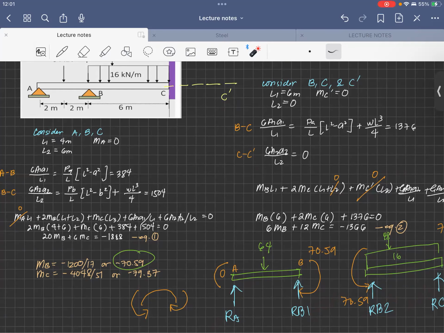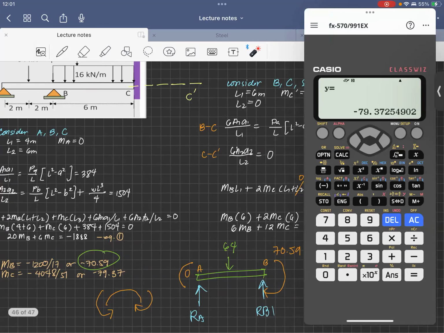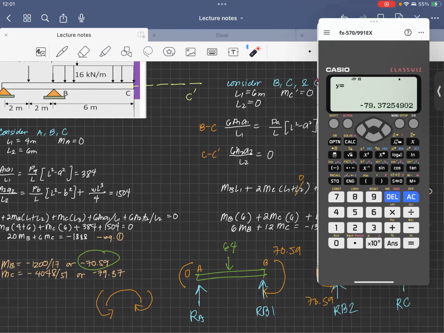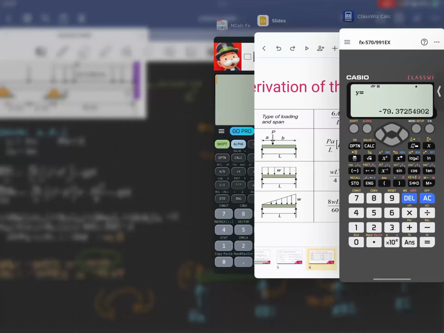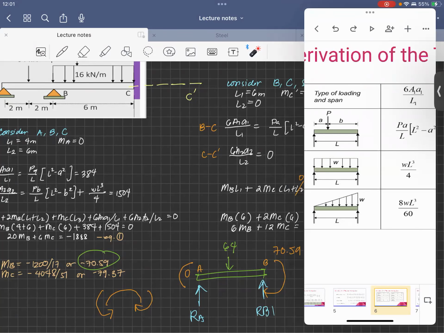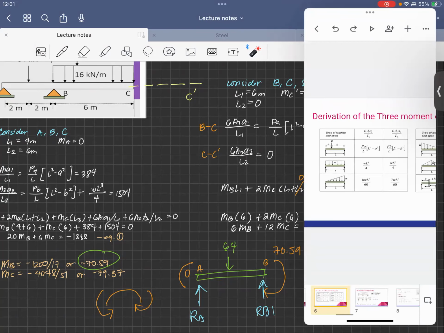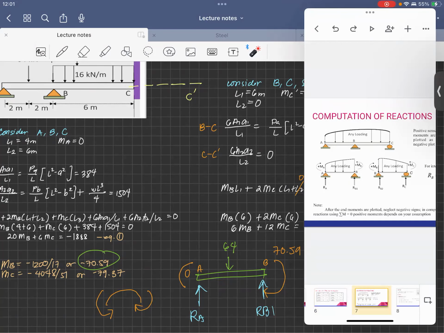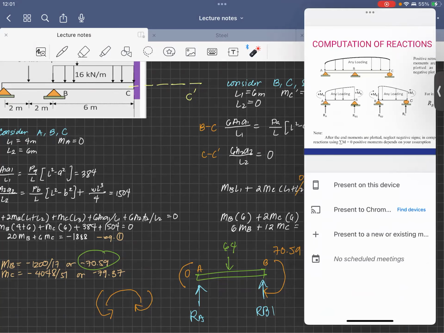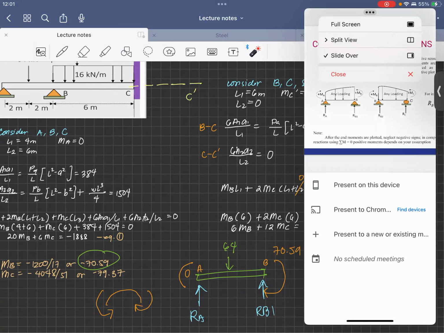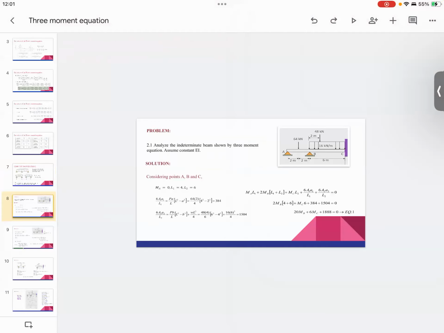So here's the, let's check, no? So yung na-solve po natin is 70.59 and 79.37. Let's see the correct answer. There you go.